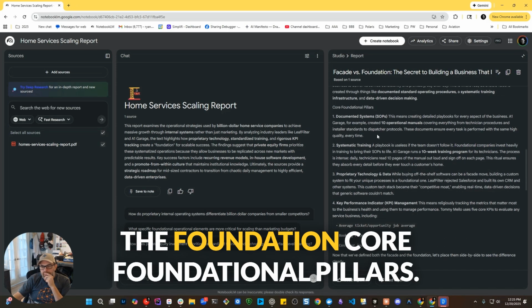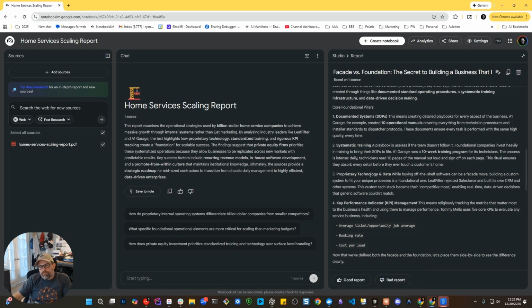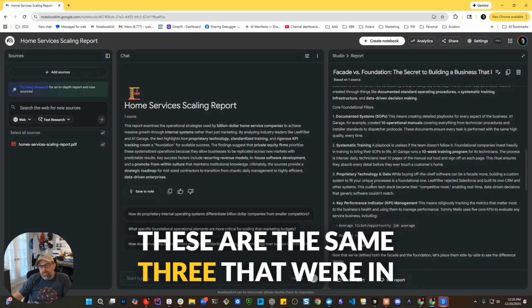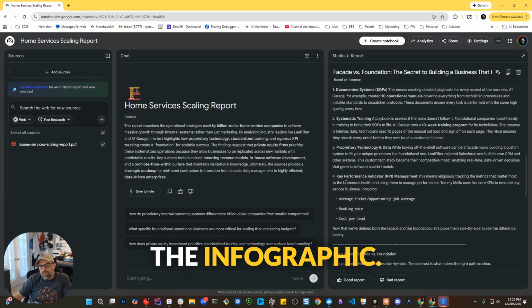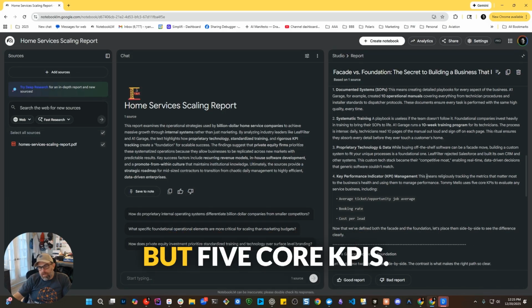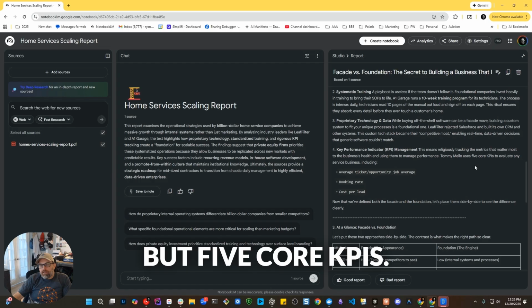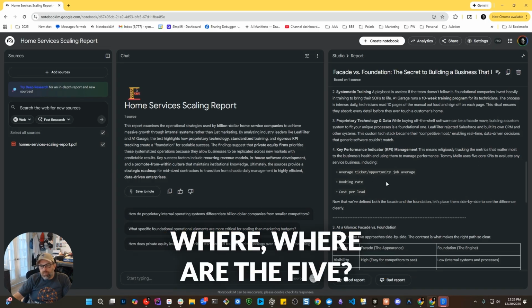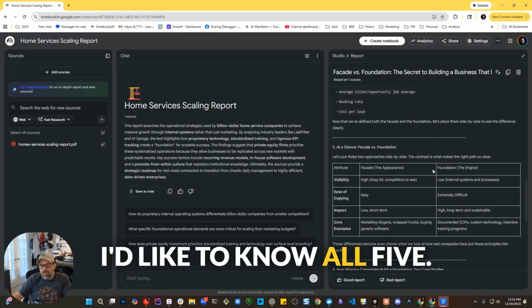The foundation. Core foundational pillars. Yep, these are the same 3 that were in the infographic. Plus number 4, KPI management. That wasn't in the infographic, but 5 core KPIs, including, now there's 3 of them. Where are the 5? I'd like to know all 5.